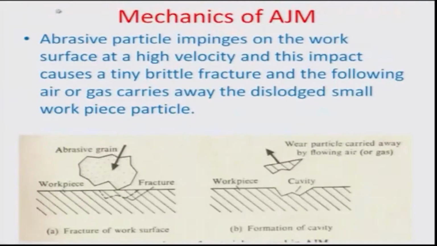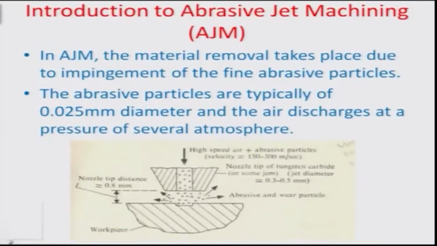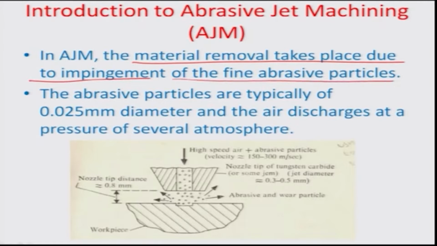In this particular process, the material removal, as I told you, takes place due to impingement of fine abrasive particles. Suppose there is a nozzle here, made of a very hard material like tungsten carbide, which doesn't get easily affected by the continuous abrasion of the flowing abrasive particles.